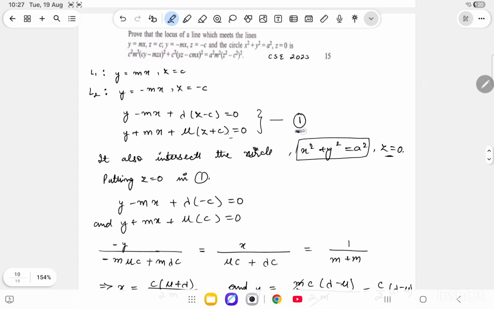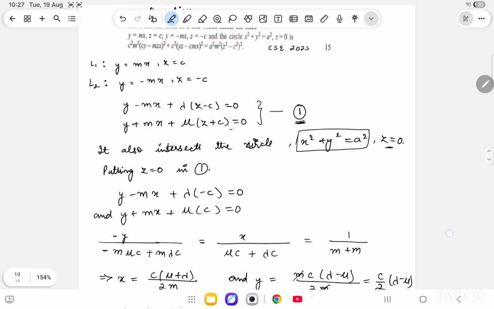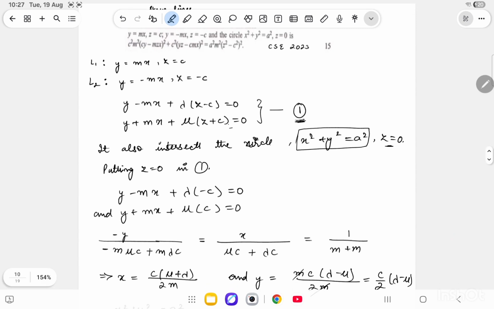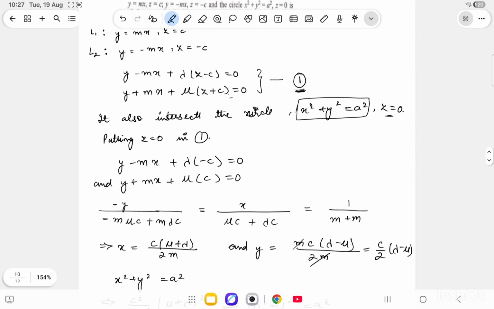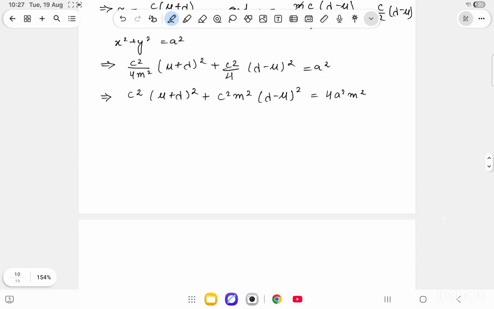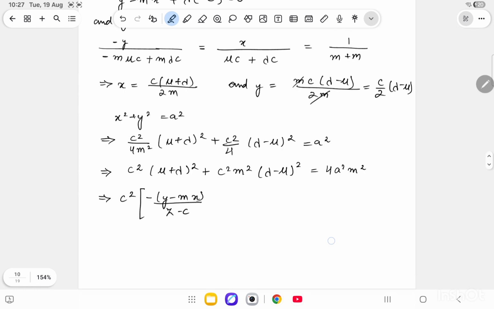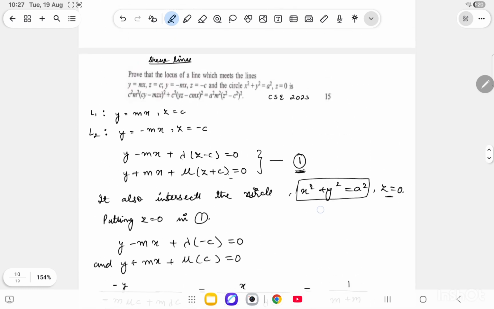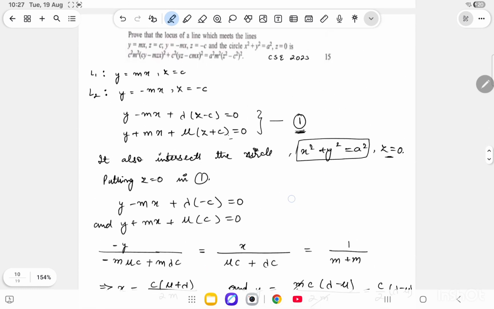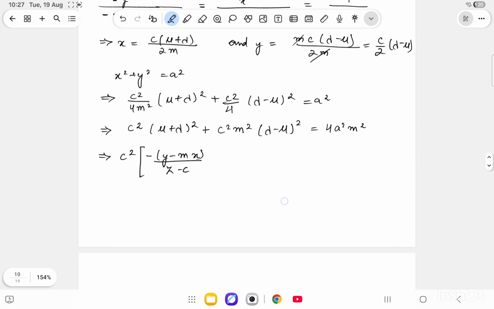So using 1, I can easily eliminate mu and lambda. Using 1, my lambda is minus of (y minus mx) upon (z minus c), and my mu is minus of (y plus mx) upon (z plus c).